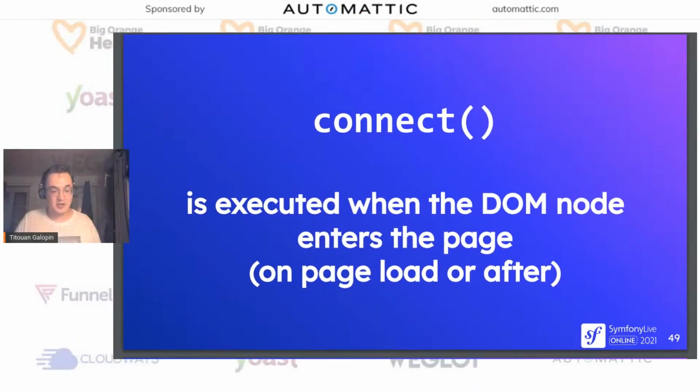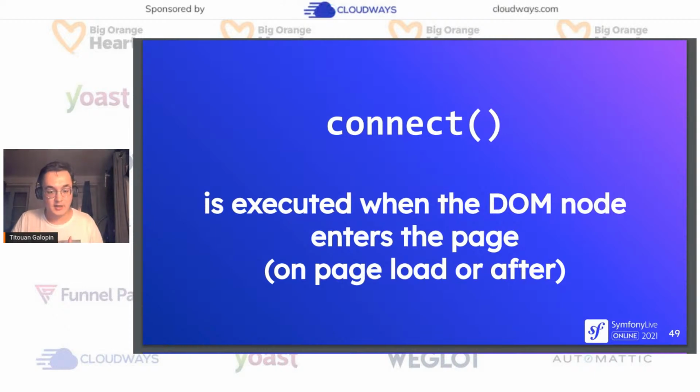As I was saying, connect is executed when the DOM node is entering the page. There is an important note here, though. Connect is executed when the DOM node appears on the page at page load, as normal, but also in the future, if new nodes appear on your page.